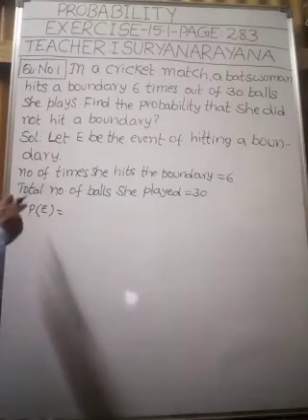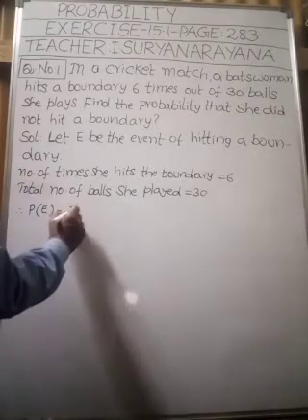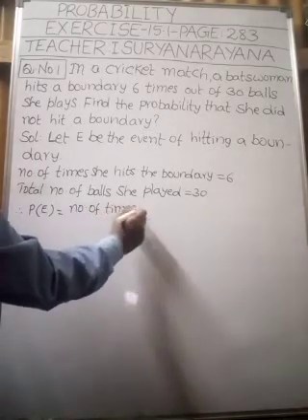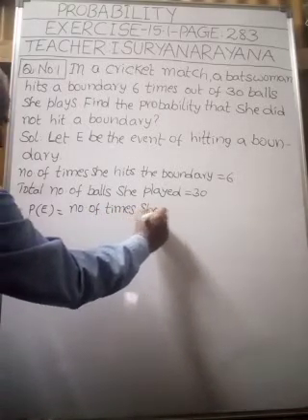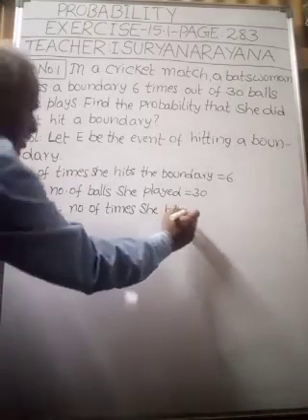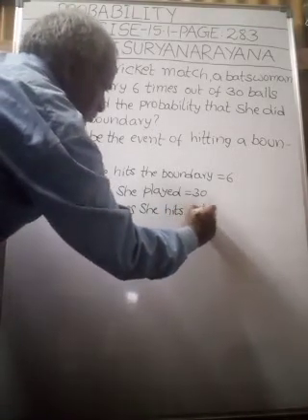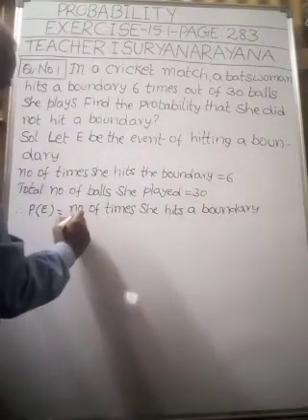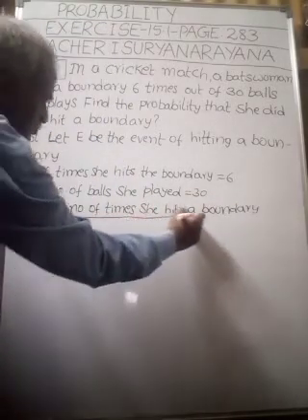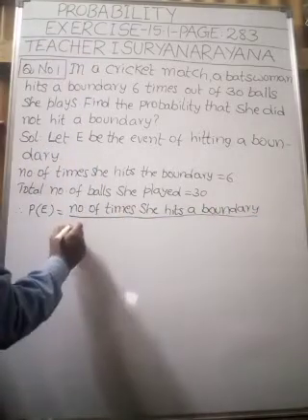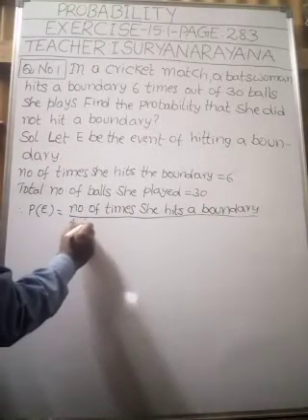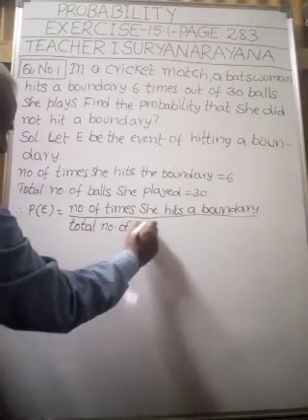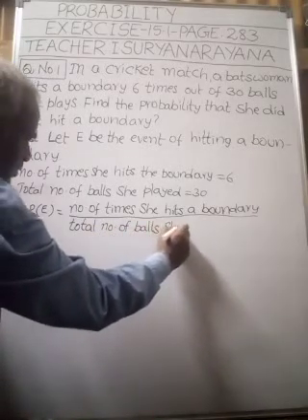So how can you find it? Number of times she hits a boundary whole divided by total number of balls she played.